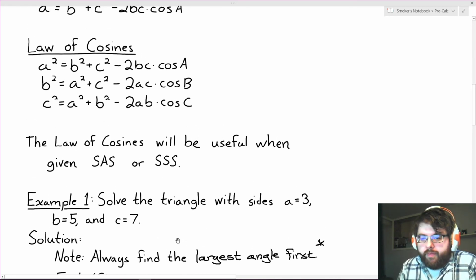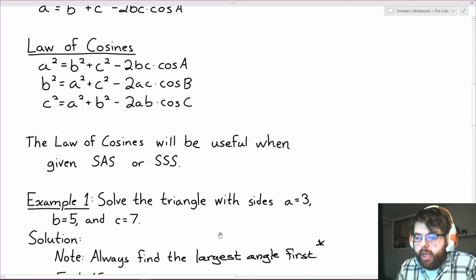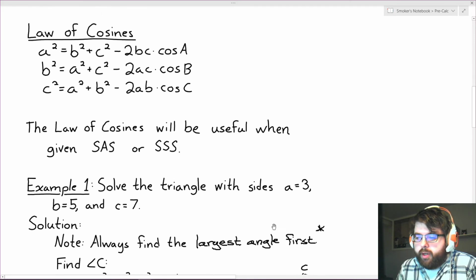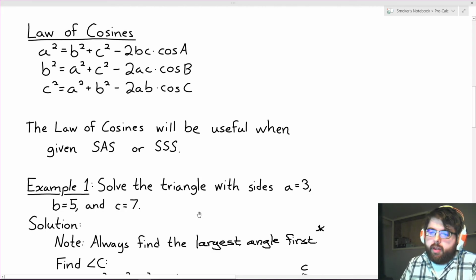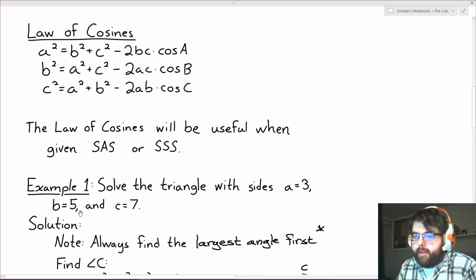All right, so solve the triangle with sides A equal to 3, B equal to 5, and C equal to 7. There is something here that's very important. Please note that you should always find the largest angle first. We have three sides, which will have three angles.